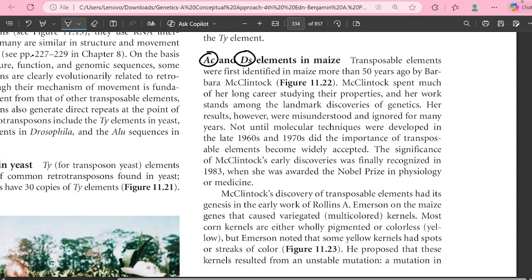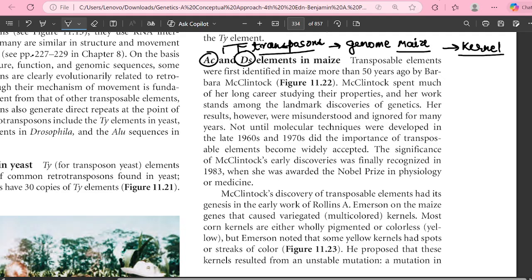Basically, AC and DS are elements which are parts of transposons, and these transposons are located inside the genome of the maize, specifically the kernel of the maize. Now AC stands for activator transposon and DS stands for dissociation transposon.